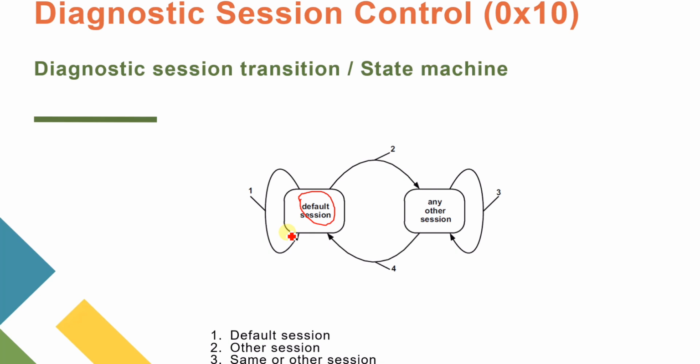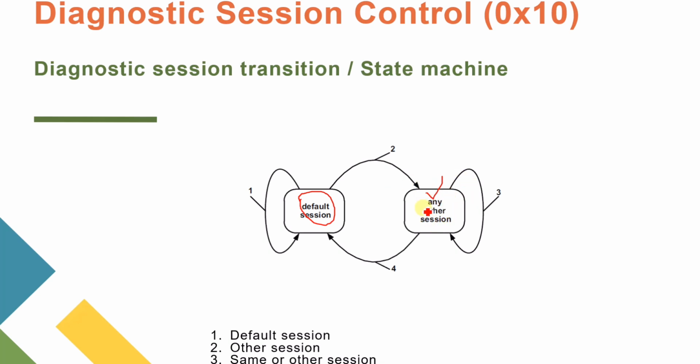The server shall reset all activated, initiated, changed settings during the activated session. If I take a non-default session, it will jump from the default session to the non-default session. Now we have more flexibility in a non-default session, so you can perform extra operations for other diagnostic services.